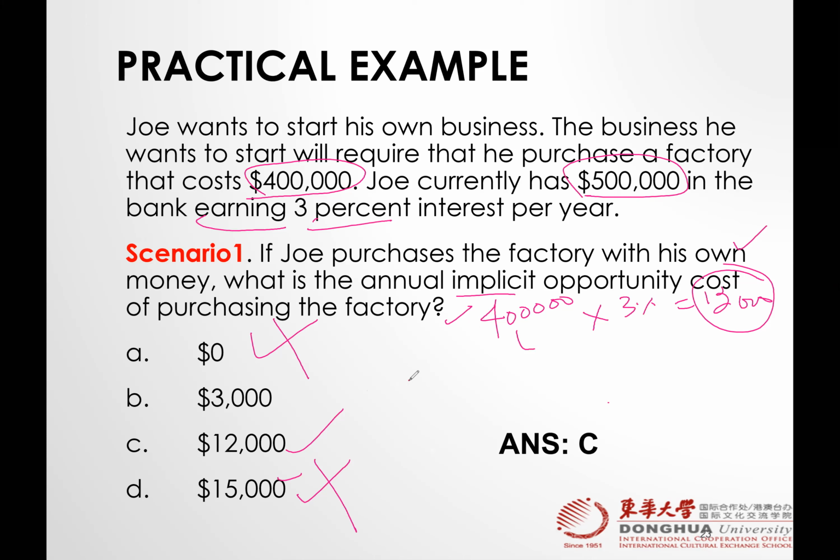Why? Because 15,000 is the amount of interest that he is receiving right now before the purchase of the factory. Those who answered D, the wrong answer. Why? Because the factory costs 400,000, and the amount he will invest is 400,000. It means 100,000 is still there and he would earn 3% on it. Right, everyone? Okay.